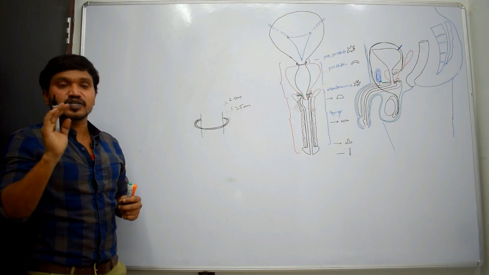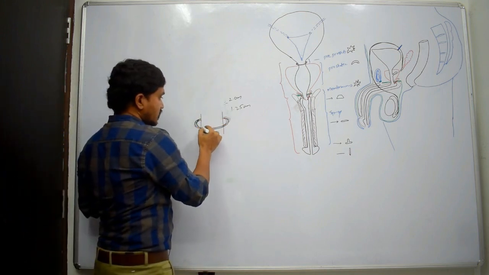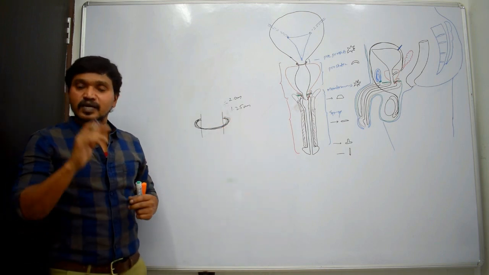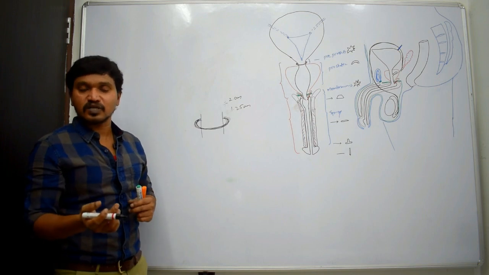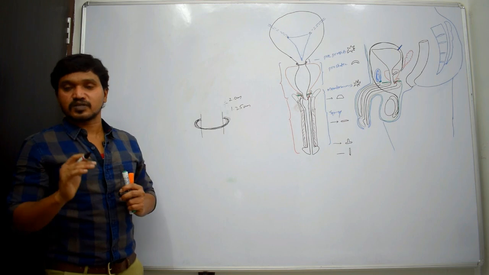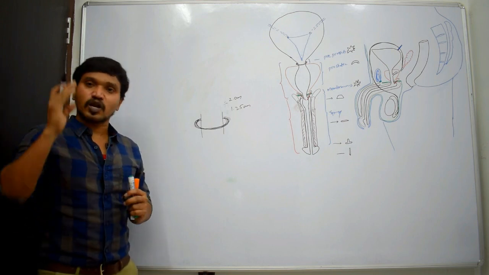These components united and form external urethral sphincter. This external urethral sphincter is under voluntary control. Mainly it is surrounded by striated muscles, that means skeletal muscle fibers. Actually, if you want to say specifically, those are slow twitch muscles. These muscles produce sustained contraction for prolonged time.